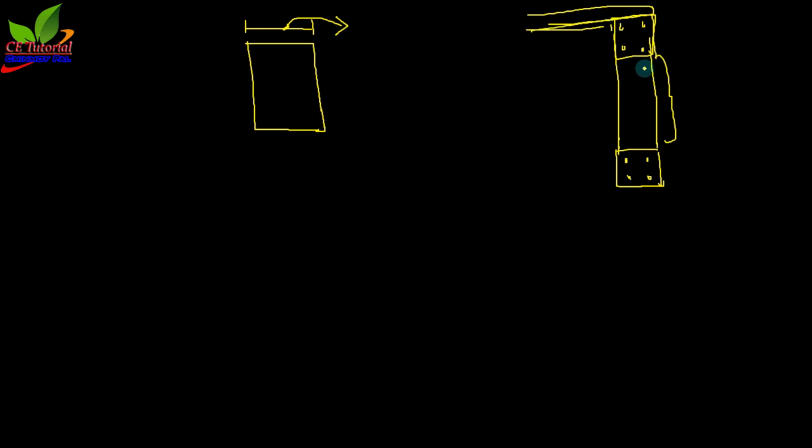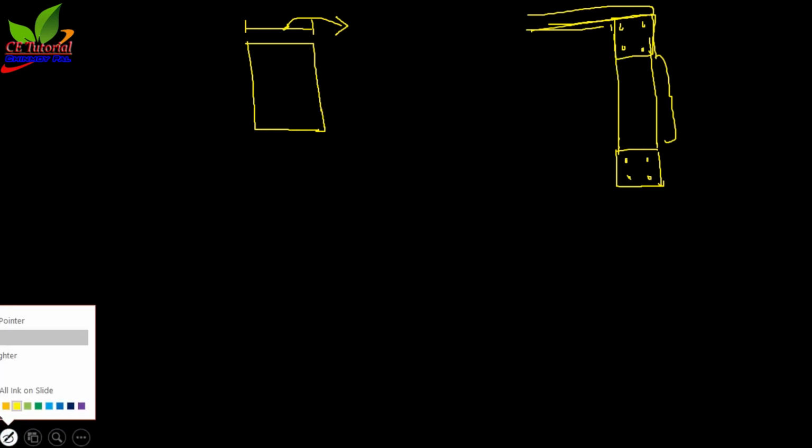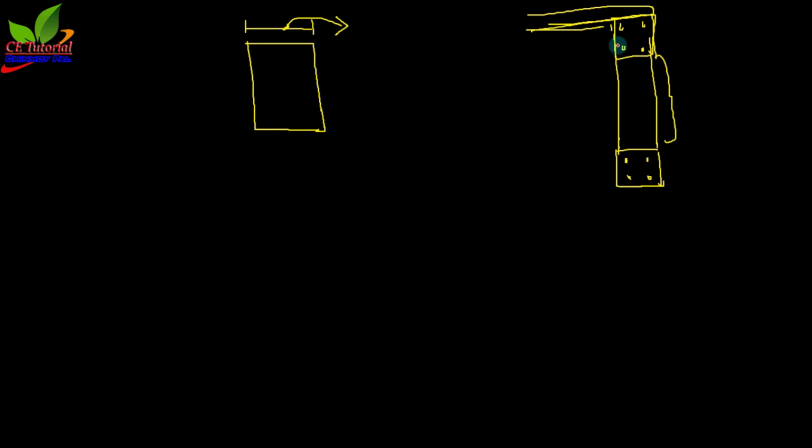Now you have to fix this width. Suppose there is a hollow section created, because there are two columns at both sides.